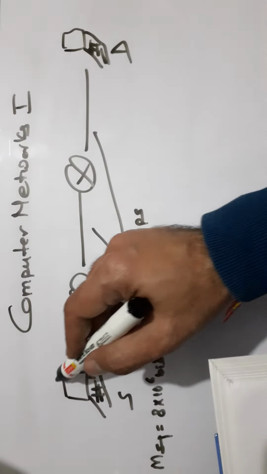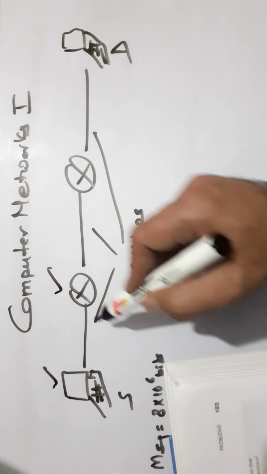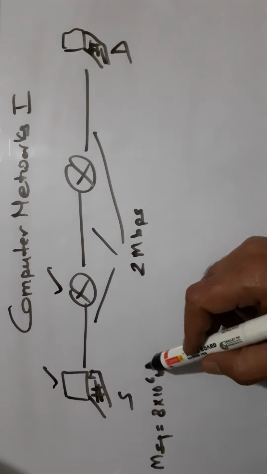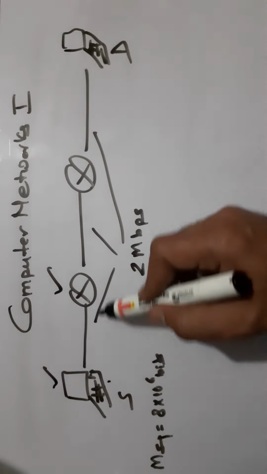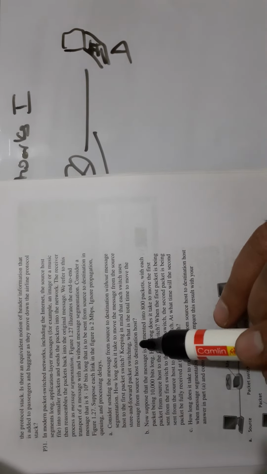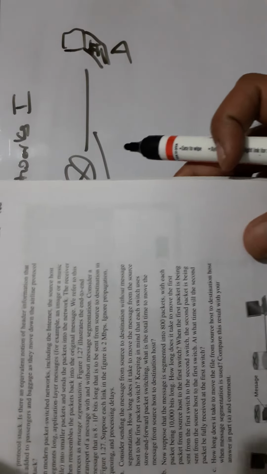You can see over there, this is the source computer and this is the first packet switch. So how long does it take to transmit the complete message without message segmentation from this point to this point? And second, it asks what is the total time to move the message from source host to destination host? So these are the two parts in this first part of this particular question. So let's solve them.